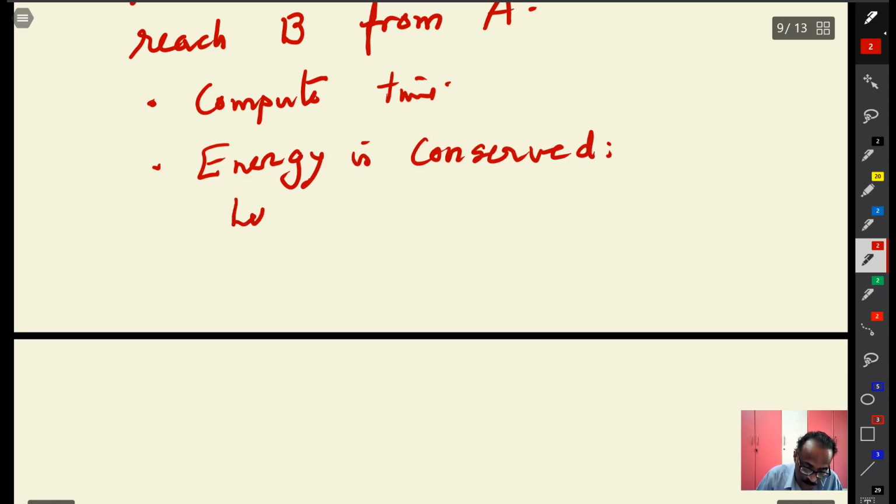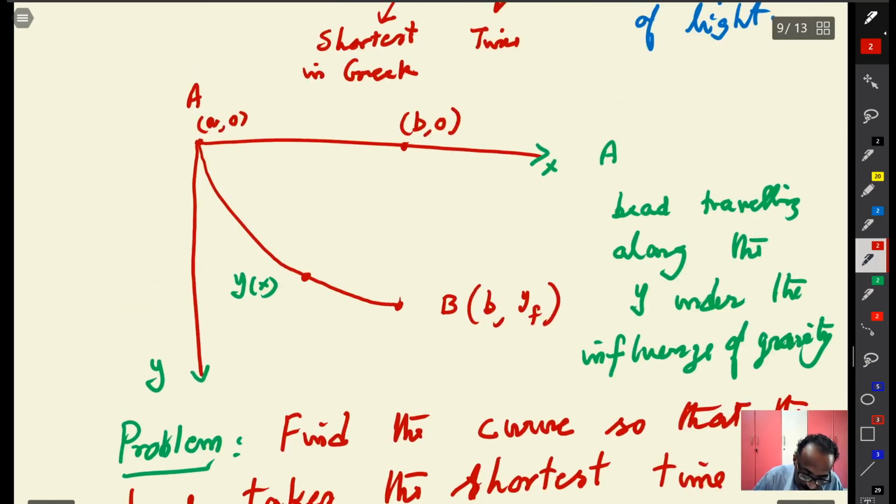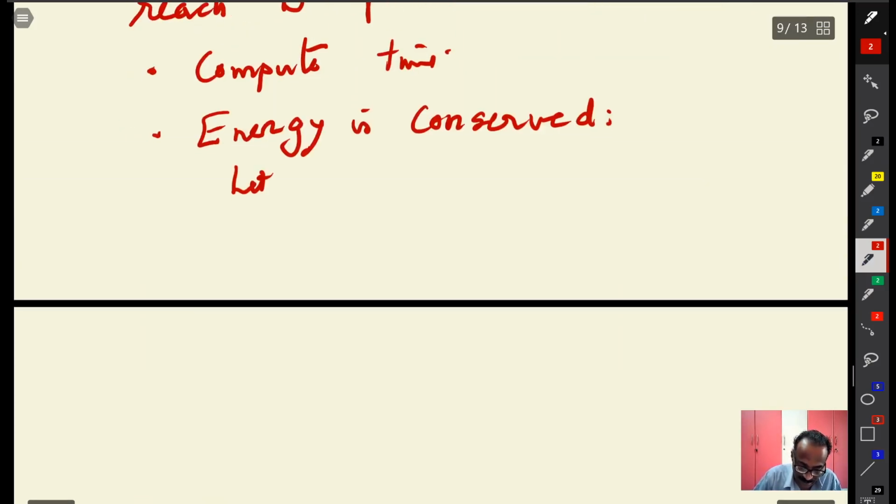You compute the position at any point x here. So this is your y of x, the distance, and let the velocity be v, where v is y prime, the velocity.